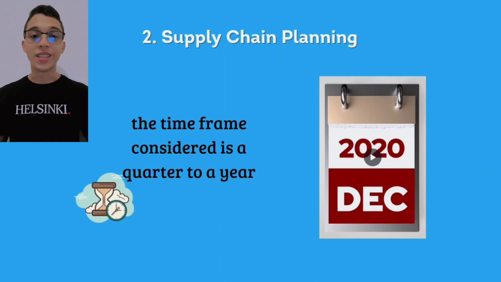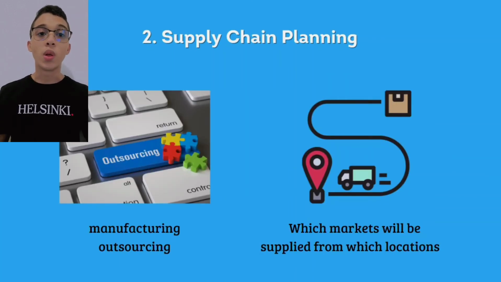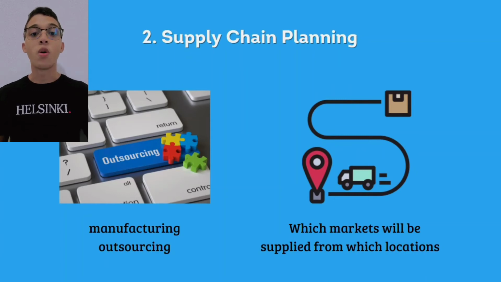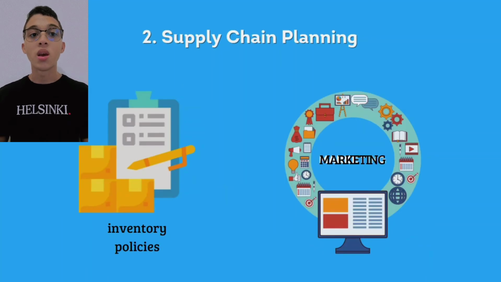Planning includes making decisions regarding which markets will be supplied from which locations, the manufacturing or sourcing, the inventory policies to be followed, and the timing and size of marketing and price promotions.